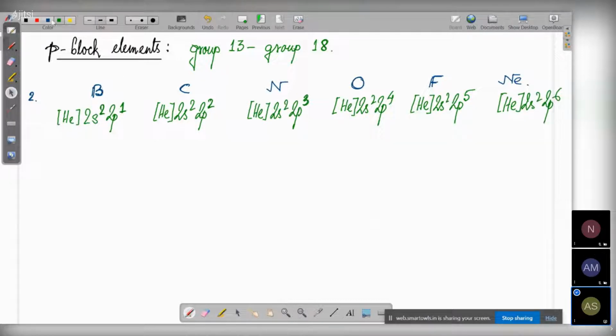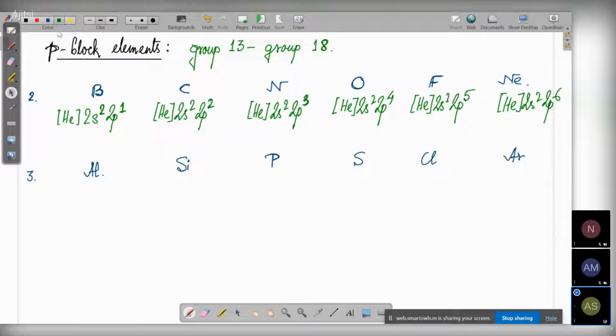Again, if you see period 3, that is aluminium, silicon, phosphorus, sulfur, chlorine, argon. Aluminium, silicon, phosphorus, sulfur, chlorine, argon.